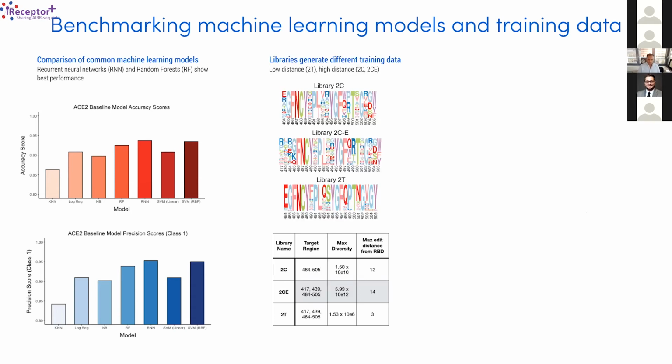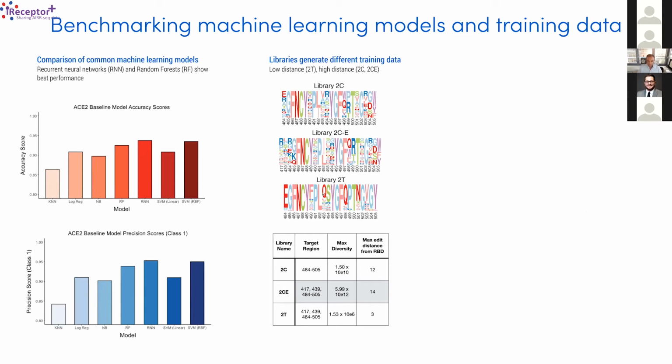Now, a really important thing, so everything else for the rest of the talk will be RNNs and RFs, is that you really understand your training data. So our training data is both low distance and high distance. What that means is, if you look at library 2C and 2CE, remember, it was a combinatorial mutagenesis library where up to 14 positions could be mutated, 12 or 14 for 2C and 2CE.